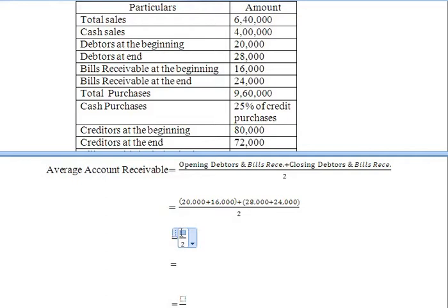And here write 36,000 plus 52,000. So 36,000 plus 52,000 is 88,000. So 88,000 divided by 2 is equal to 44,000. Understood? So this is the amount of average accounts receivable.